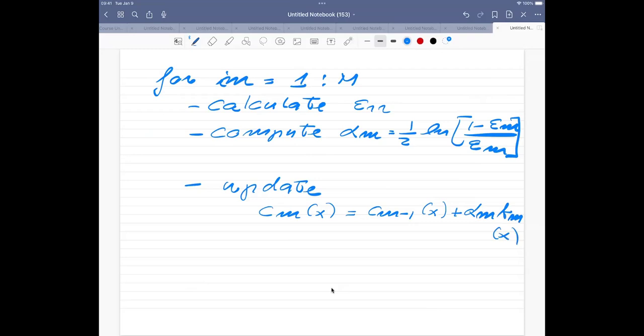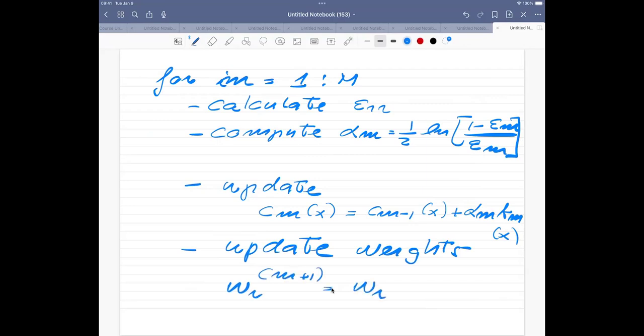Then we update the weights. So what we would have then is to update w_i^(m+1), which is equal to w_i, the previous value, multiplied with e to the minus y_i times alpha_m times b_m, and then I need the parenthesis x_i here.